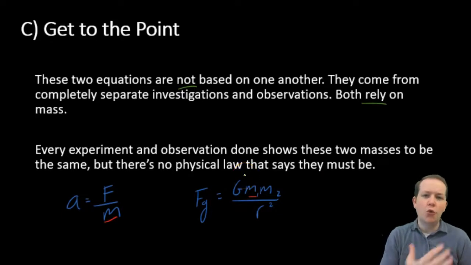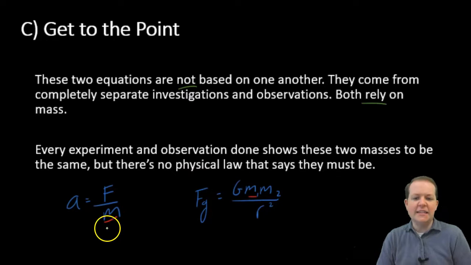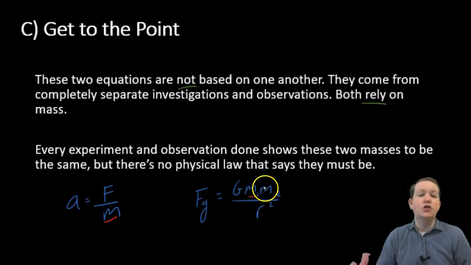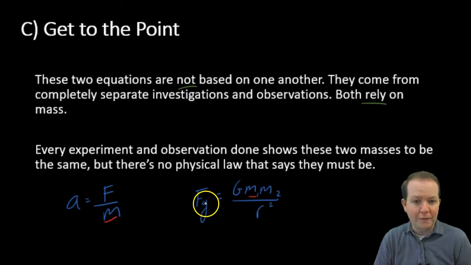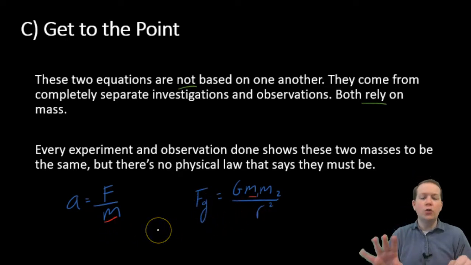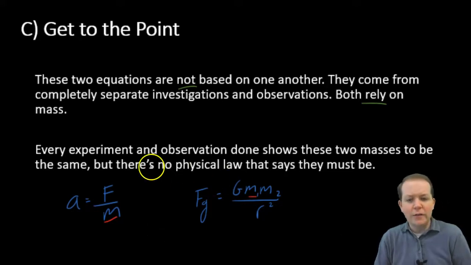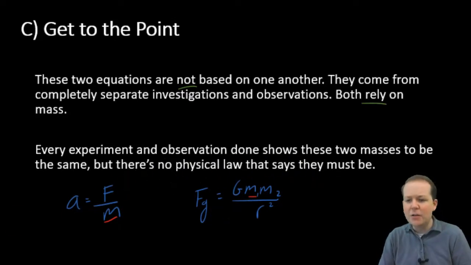There is no physical law, there is no pillar in physics or any other science that says the amount of mass that affects an object's acceleration is the same mass that attracts another object in this force we call gravity. These two things could be totally separate types of mass, okay? But they're not. Not only are they the same in our equations, but every time we do an observation, they always end up being the same value.